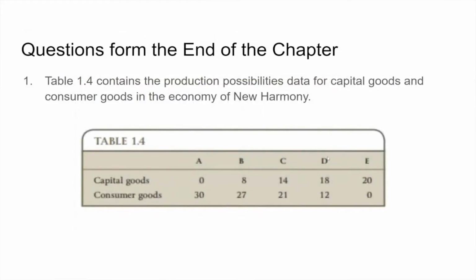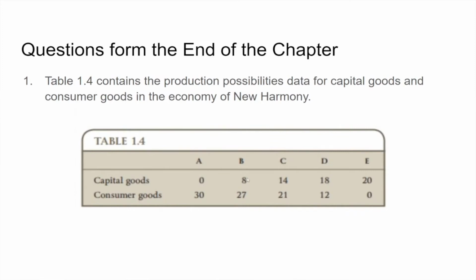Okay, let's go here. So what we've got is, assuming the economy is producing combination B, here's combination B. So that's capital goods, consumer goods, okay? What is the approximate per unit cost of an additional capital good?